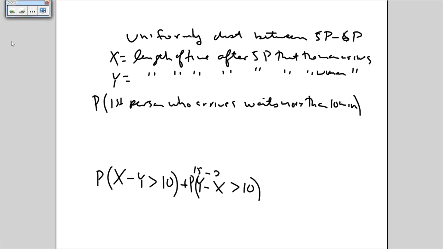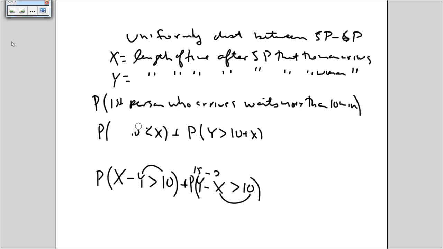If I bring the Y to the other side, we get the probability that Y plus 10 is less than X.